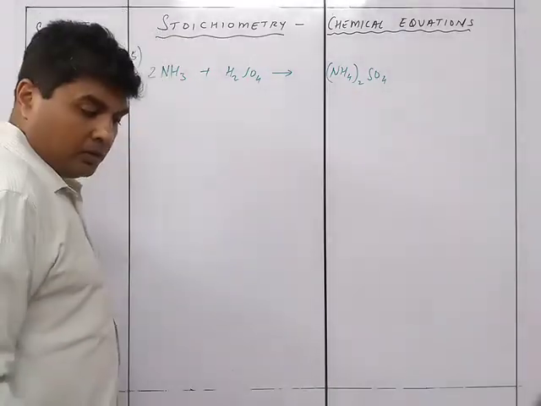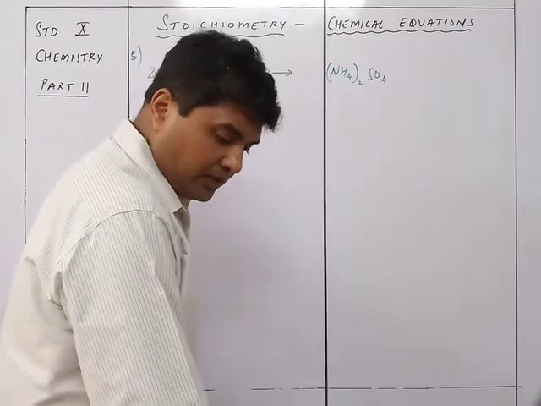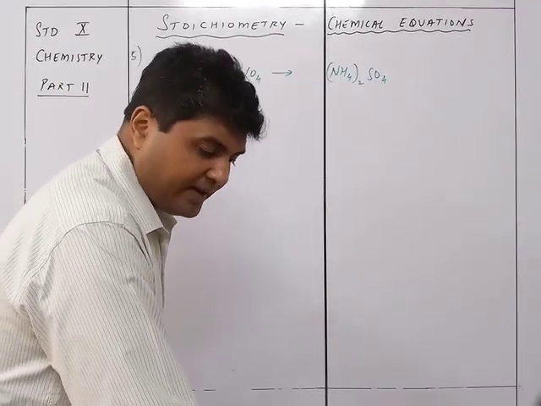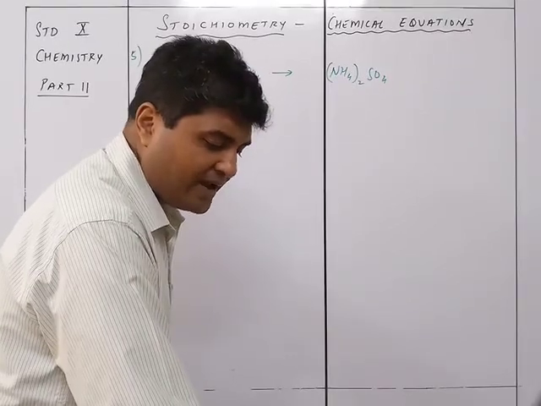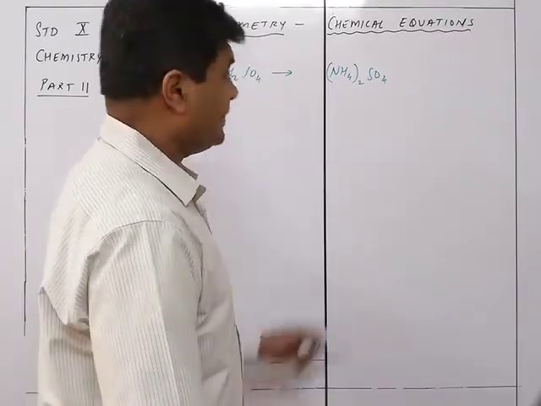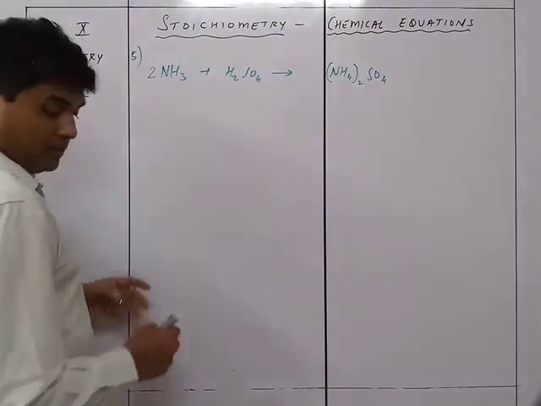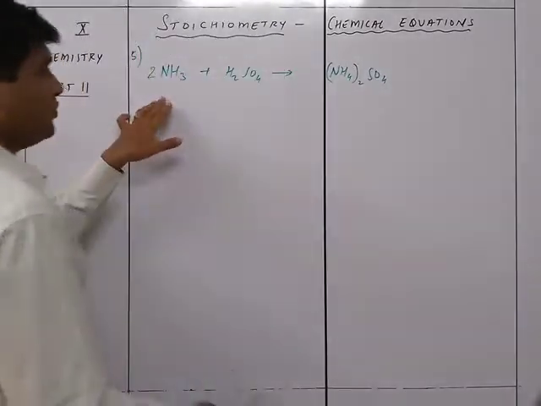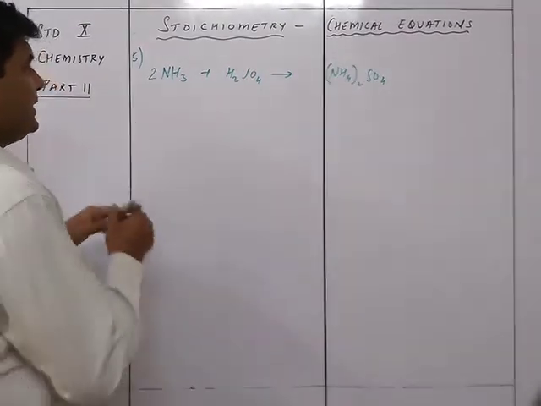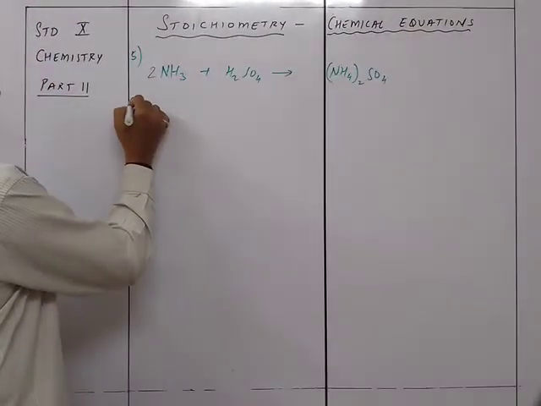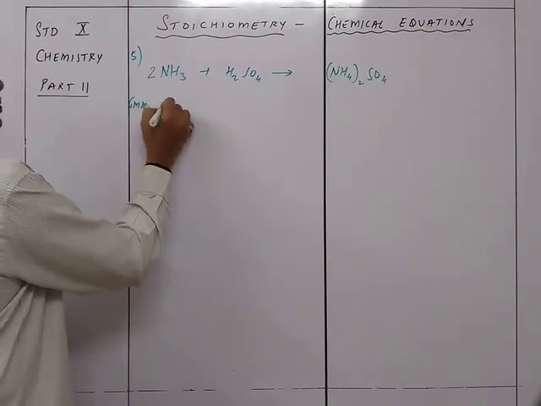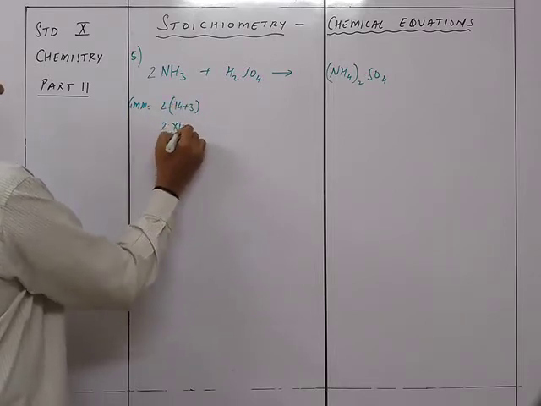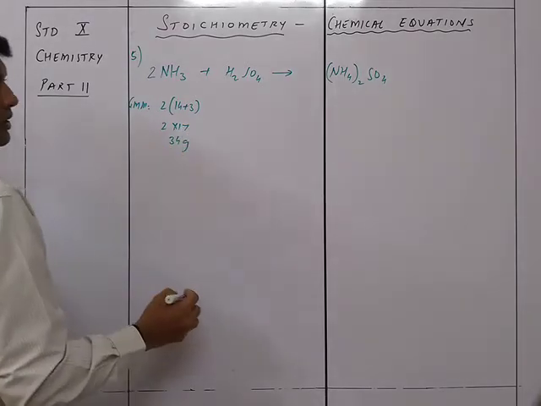The question says calculate the volume of ammonia at STP used to form 59 grams of ammonium sulfate. So we need to find out the volume of ammonia. But first, what do we need to do? As usual, GMM. 2 into 14 plus 3 is 2 into 17, which is 34 grams.